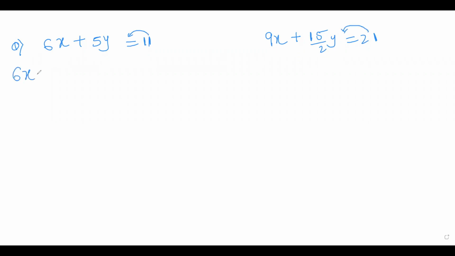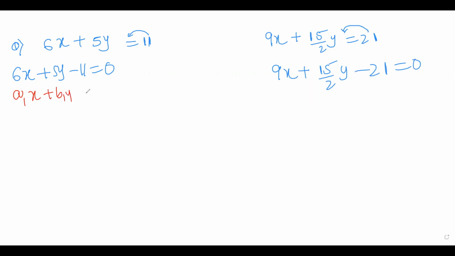We will get 6x plus 5y minus 11 is equal to 0, and 9x plus 15 by 2y minus 21 is equal to 0. Now write down the standard form of the linear equation: a1x plus b1y plus c1 is equal to 0, and a2x plus b2y plus c2 is equal to 0.